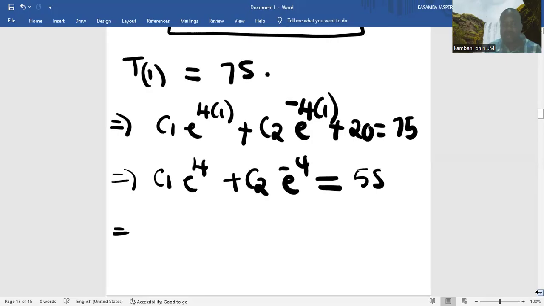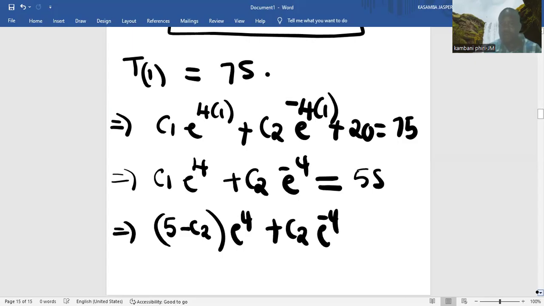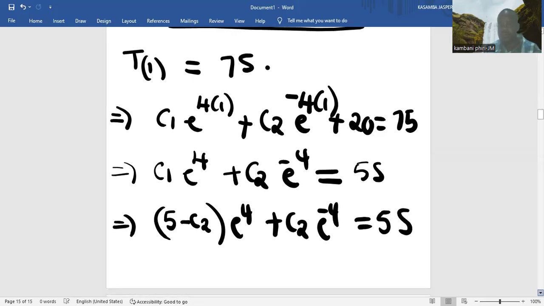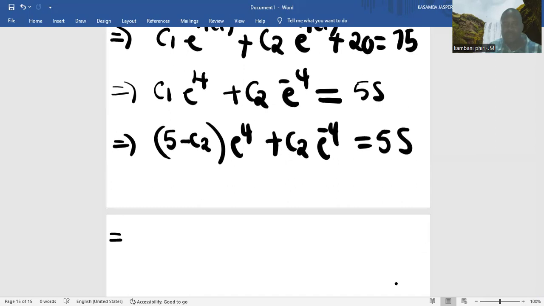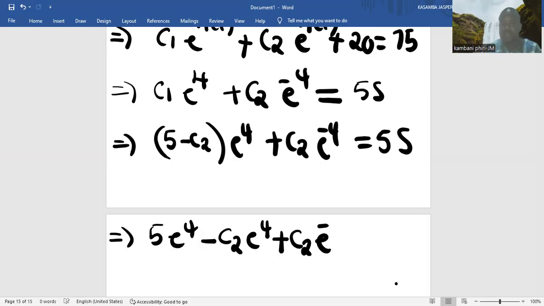But what is our C1? Our C1 is 5 minus C2. So (5 minus C2) E4 plus C2 E negative 4 is equal to 55. When we distribute, we get 5 e to the power 4 minus C2 e to the power 4 plus C2 e to the power negative 4 is equal to 55.